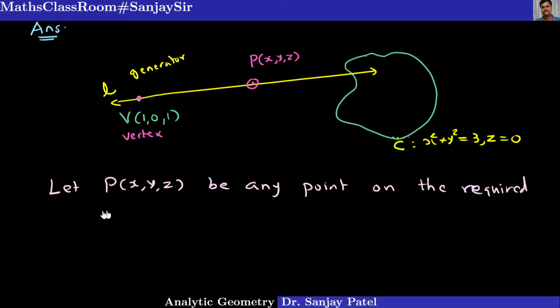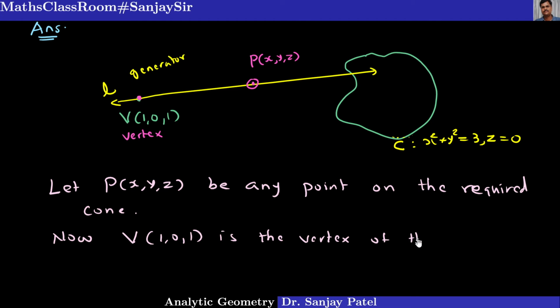Required cone means the cone whose equation we want to find. Now, V(1,0,1) is the vertex of the cone that is given to us.